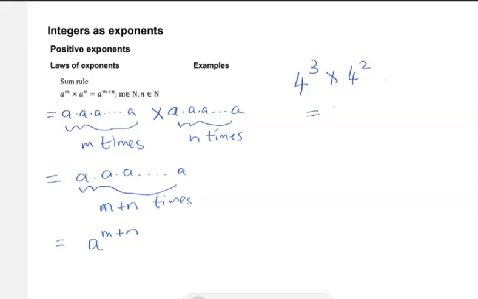Then we can write it as 4 times 4 times 4 times 4 times 4, which is the same as 4 to the power of 5, which is exactly the same as 4 to the 3 plus 2. So it's a very simple rule depending on the bases. If the bases are the same, then we can add the exponents.